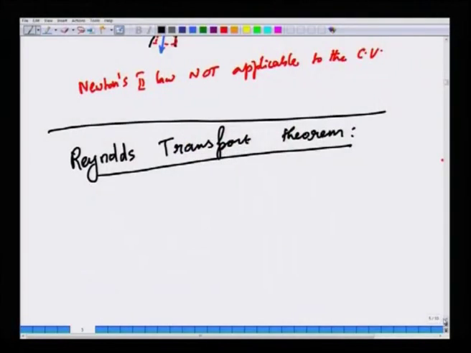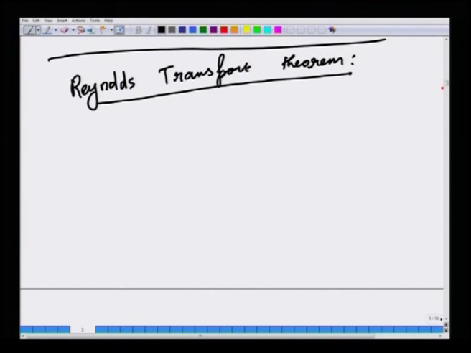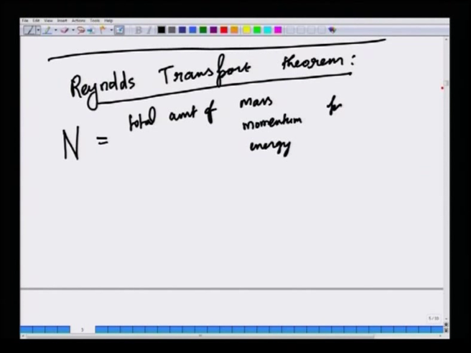So, let us just start the derivation, and we will write down the formula for a control volume as we go along. Suppose N, capital N, be the total amount of mass or momentum or energy present in the system.